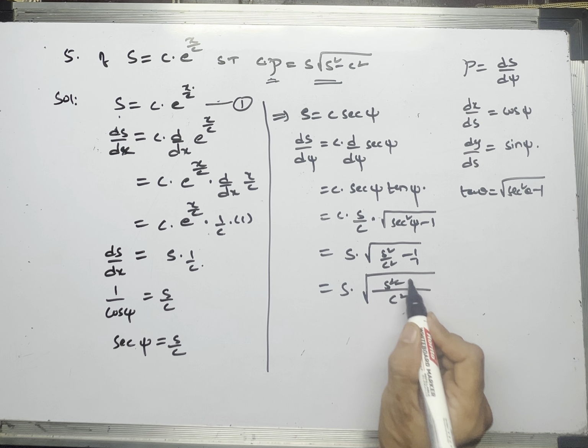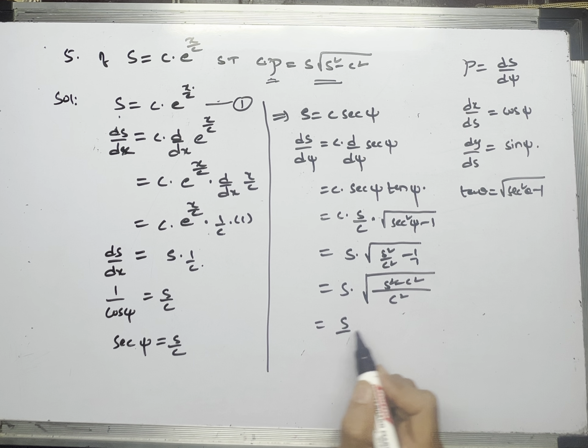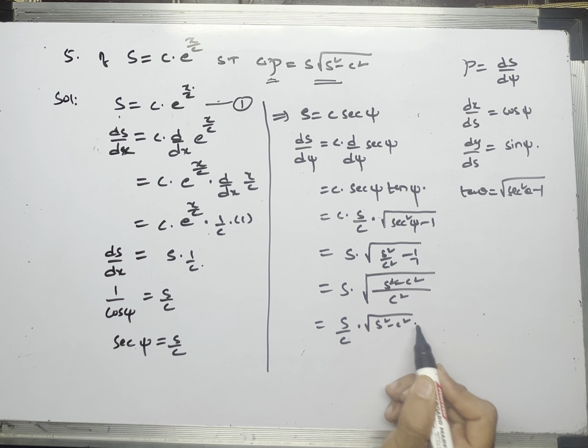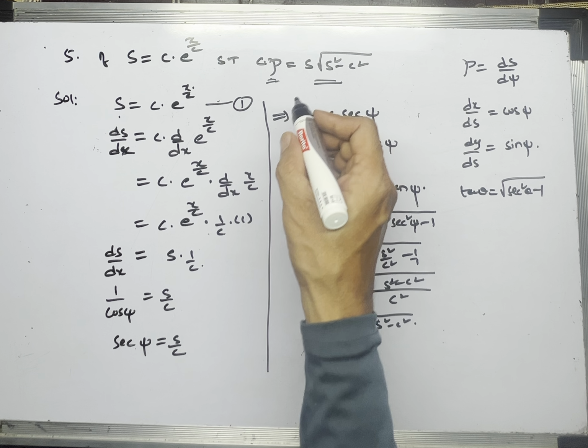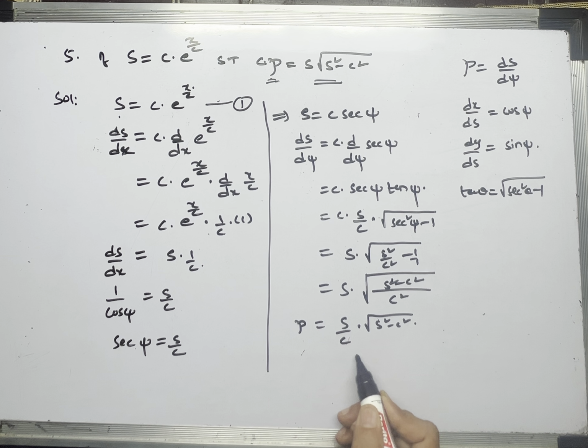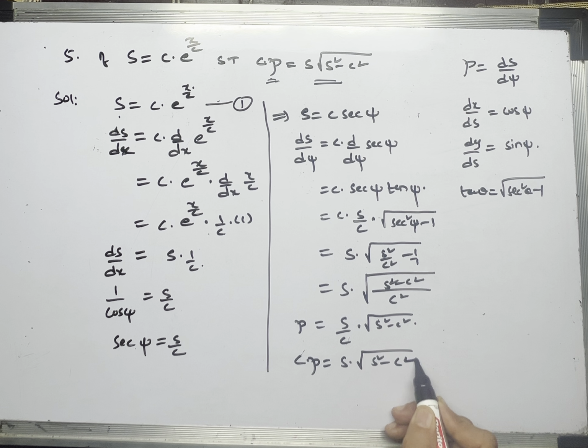C square, s square minus c square. So this is s by c into root over s square minus c square. So this is rho. So cross multiply this one. C into radius equals s root of s square minus c square.